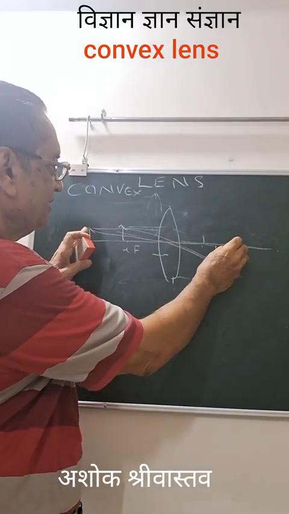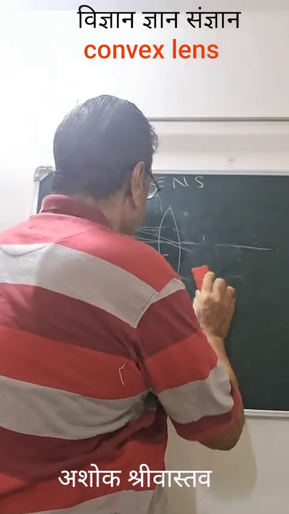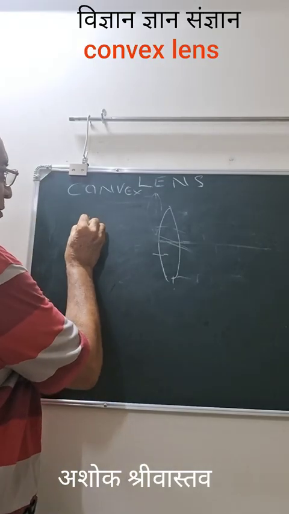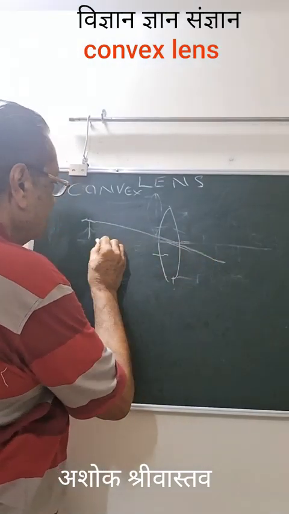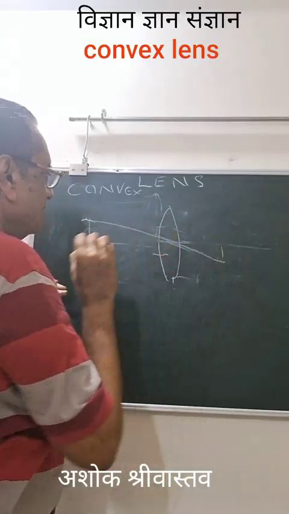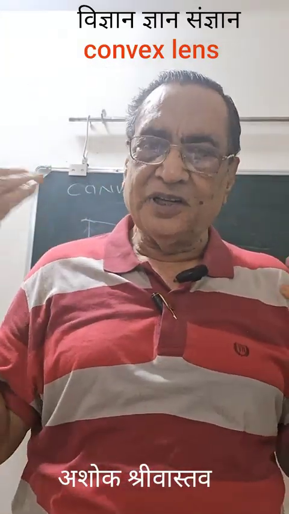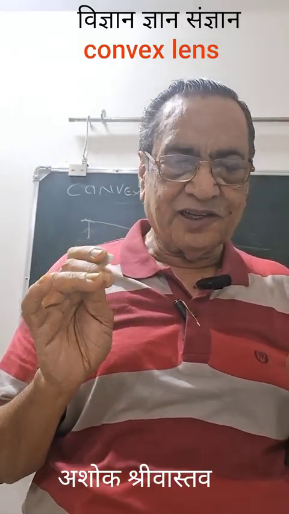You get a smaller image. I am keeping it here. Then what is happening? This image becomes smaller. If you keep it beyond f, it becomes smaller, but still a real one.